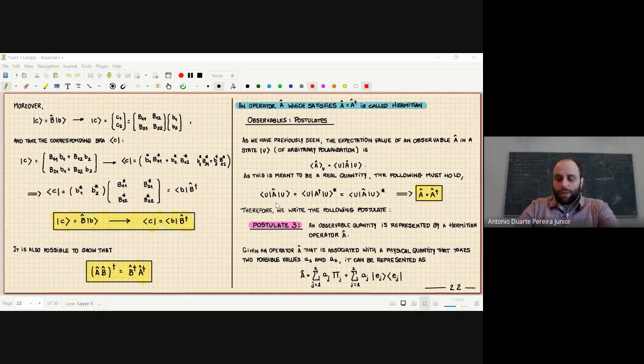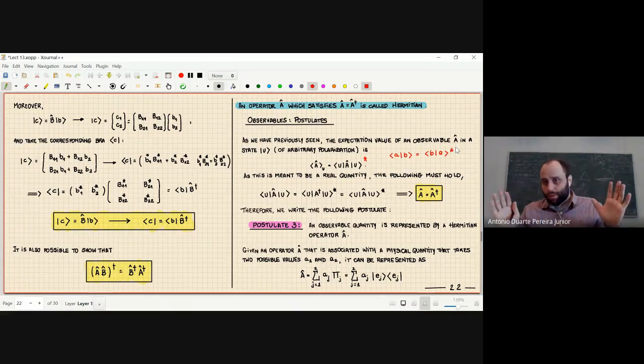So what does this mean? This means that I can take the complex conjugate of this number, since this is just a number. And you see that if I take the complex conjugate of this number, this is equivalent, as we have seen, to the property that <A|B> is equal to <B|A> star, right? This is a general property.